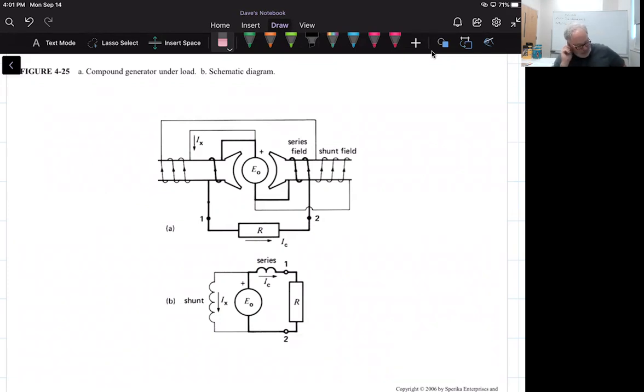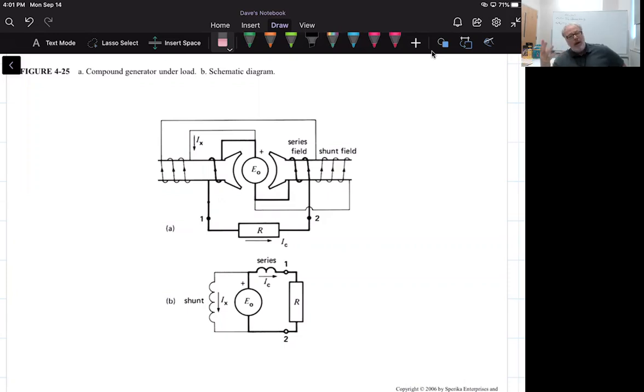He gives an example, say a DC system on a ship, and it supplies both power to DC machinery and incandescent lamps. And say that the current delivered by the generator changes constantly due to varying loads, right?